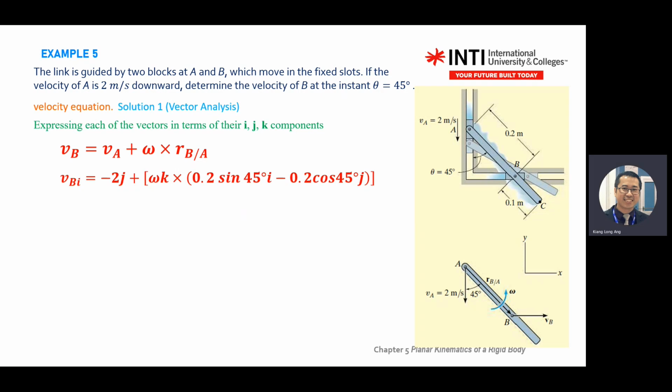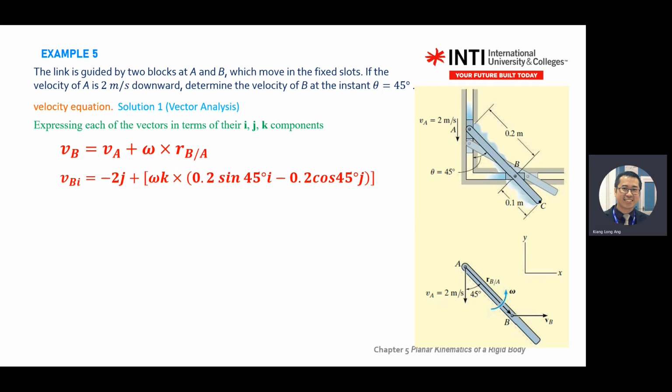Any question on this one? Okay, so you cross omega from y positive. We use what rules? Right hand rules.